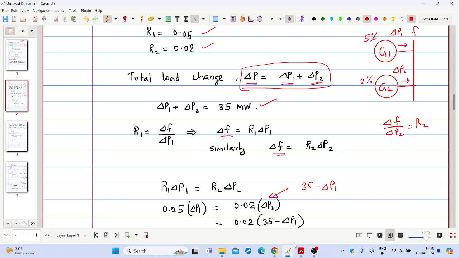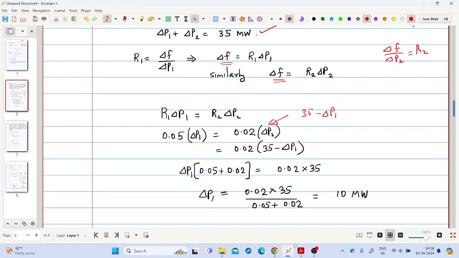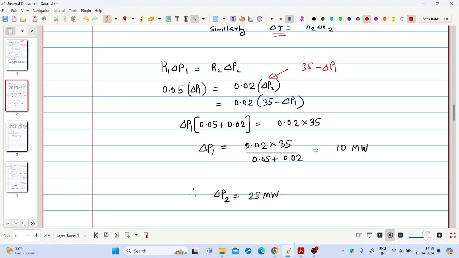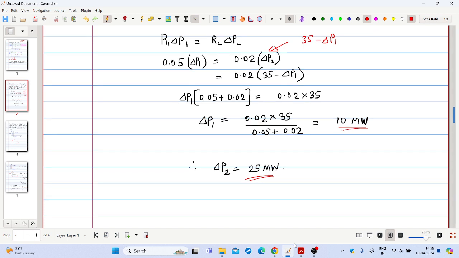Now this is a simple equation, you can solve for delta P1. So you will get delta P1 as 0.02 into 35 divided by 0.05 plus 0.02, that is 10 megawatt. Similarly, delta P2 is 35 minus delta P1, that is 25 megawatt. So this is how we can solve this problem.